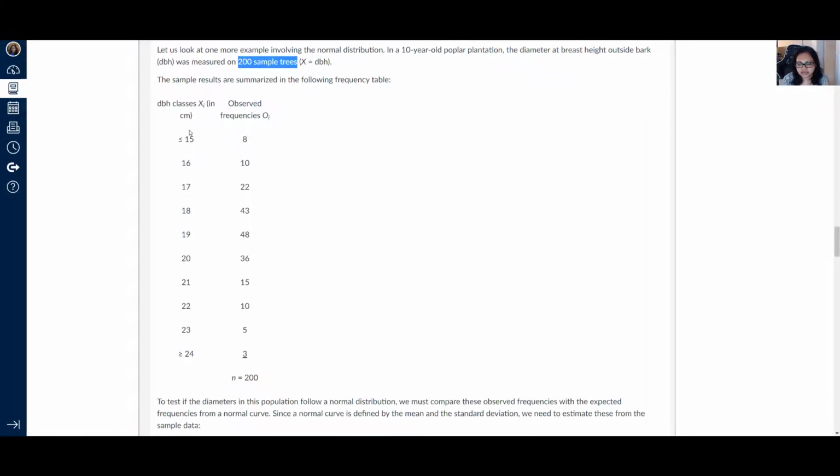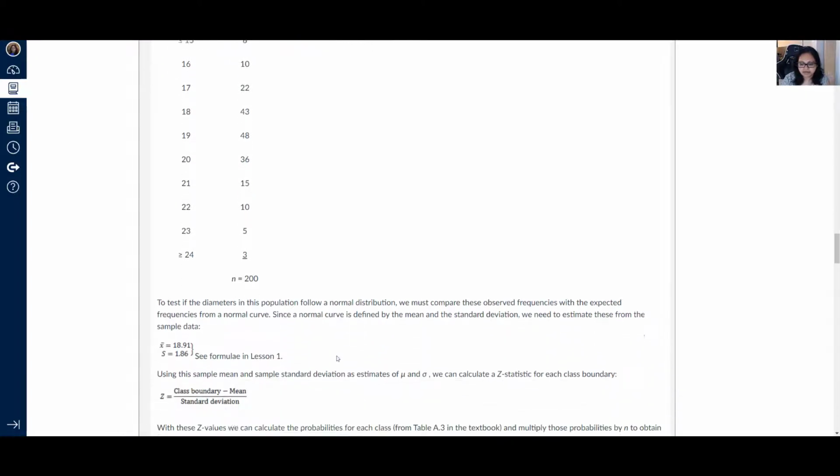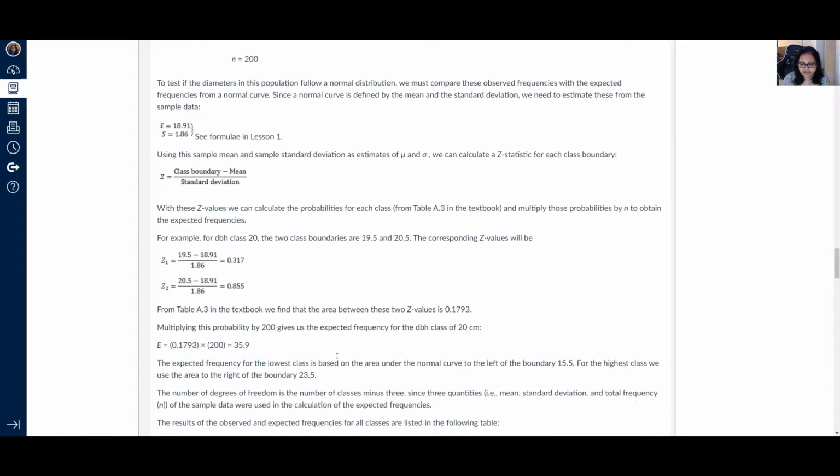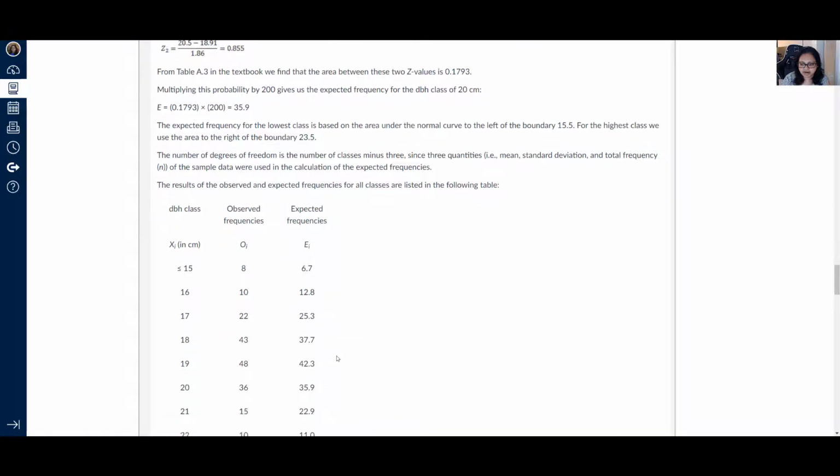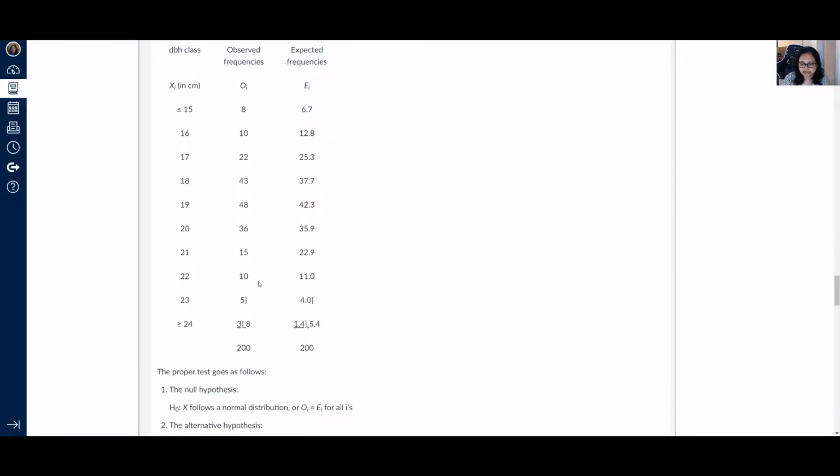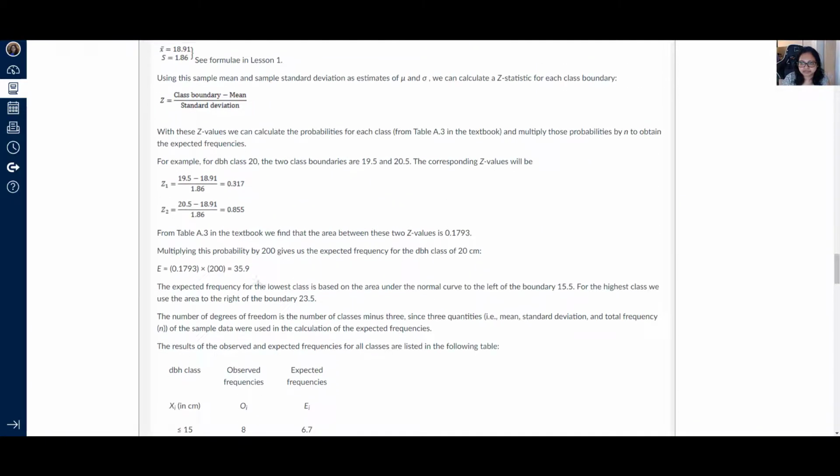The DBH classes are given over here, and then the observed values. We would like to know whether the data set follows a normal distribution or not. Same as the previous example, you will see that my values and the values shown in this example will vary a little bit.